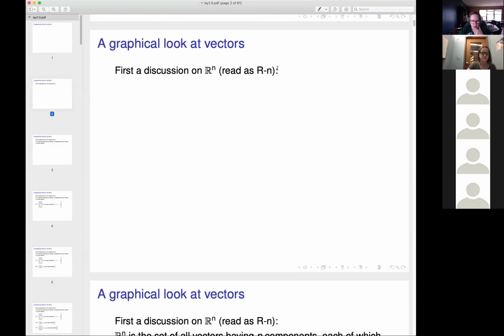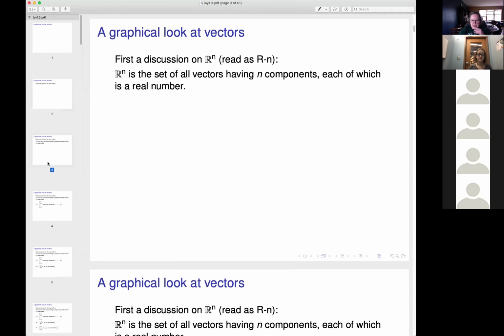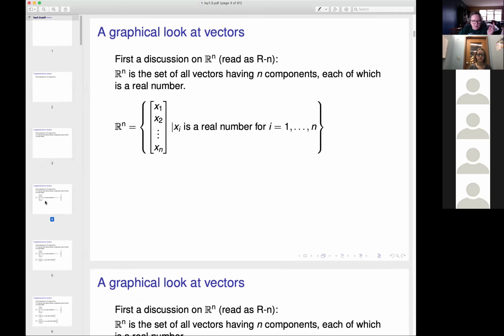Yeah, we can. Okay, so basically this is what we were just talking about. This talks about Rn. So here's what a vector in Rn looks like. Basically it just means it's got n entries in the vector, and each one of those is a real number.